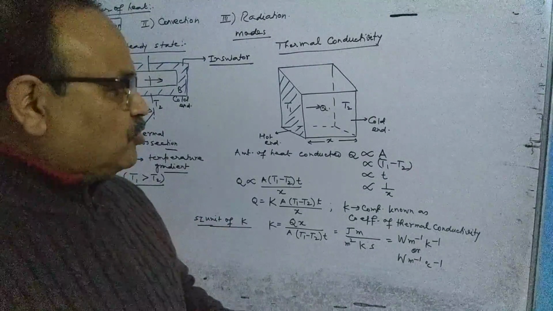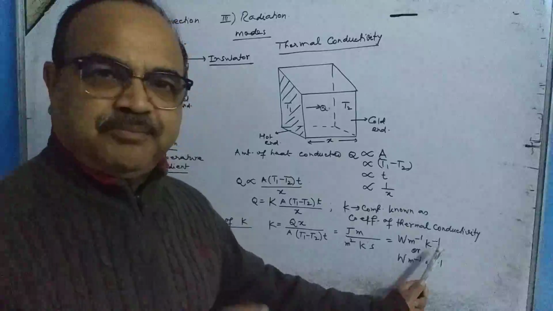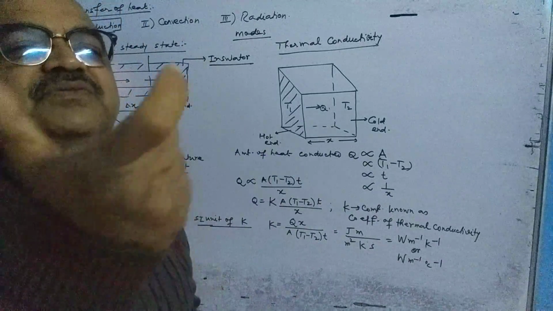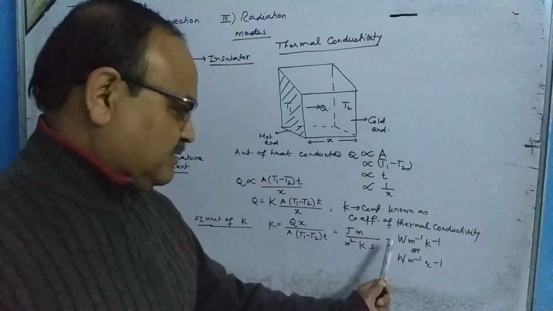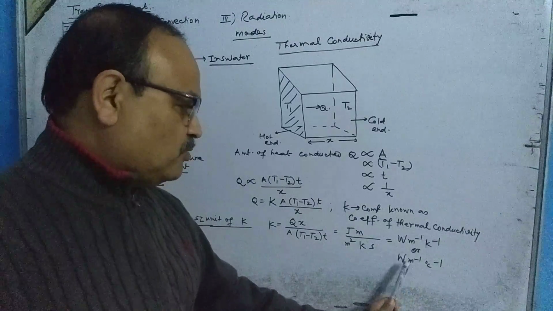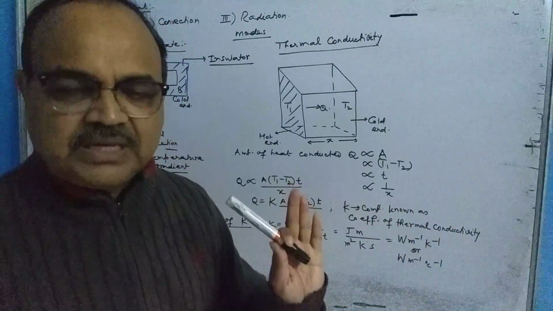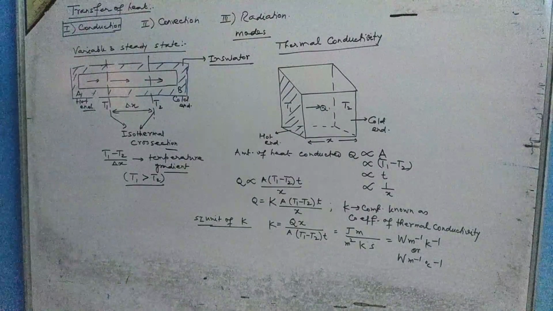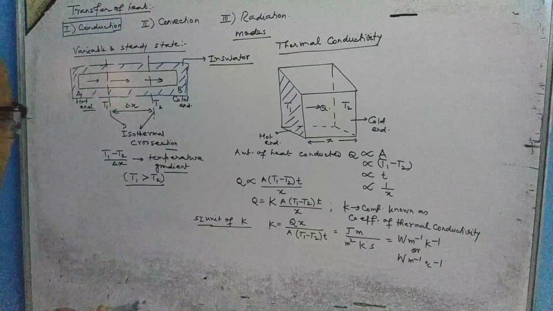As I told you before also, the temperature difference will be the same in the Celsius scale as well as in the Kelvin scale. So we can write watt per meter per Kelvin or watt per meter per degree Celsius. This is the SI unit. And if I want to write the CGS unit, that is also very simple.